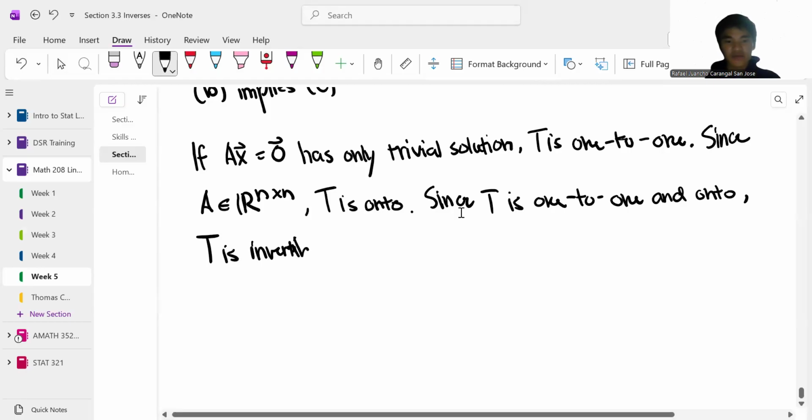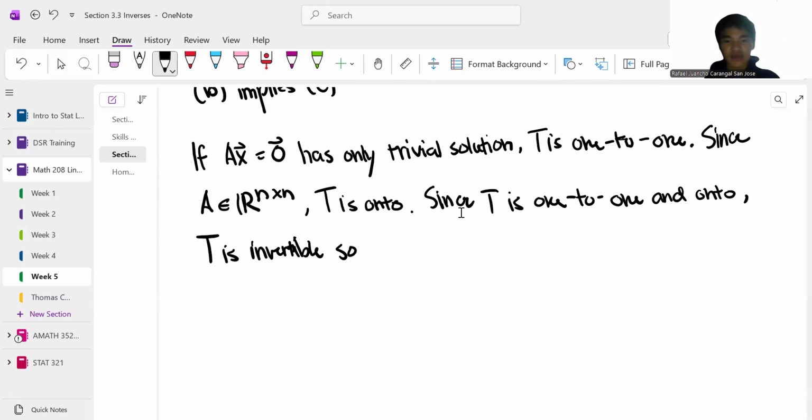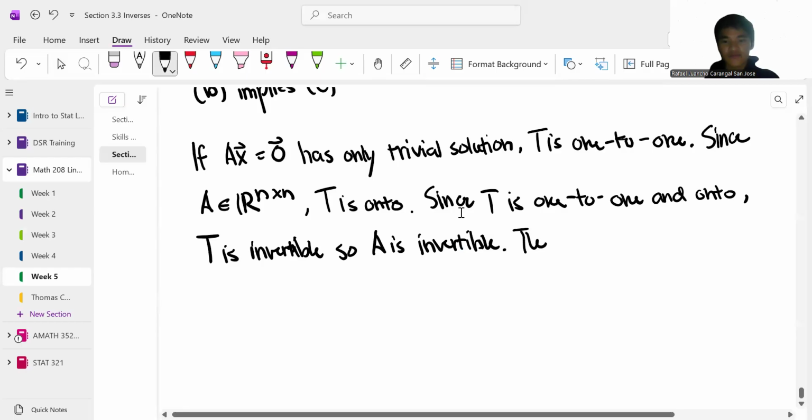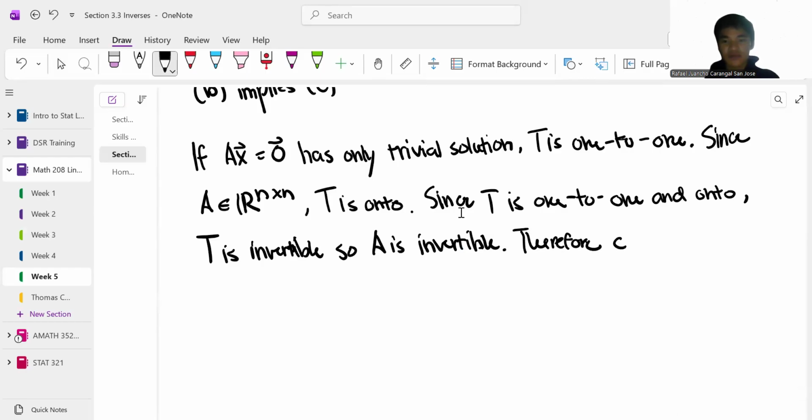And since T is the same thing as A, we know A is invertible. And therefore, the point that we made in C implies the point that we made in A.